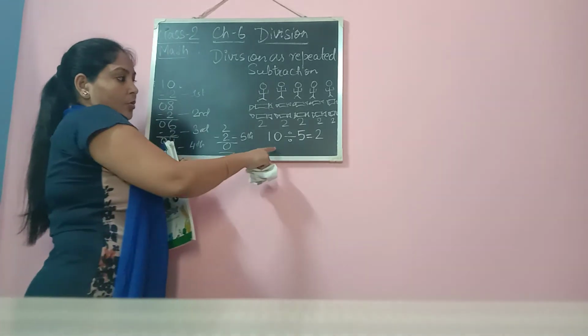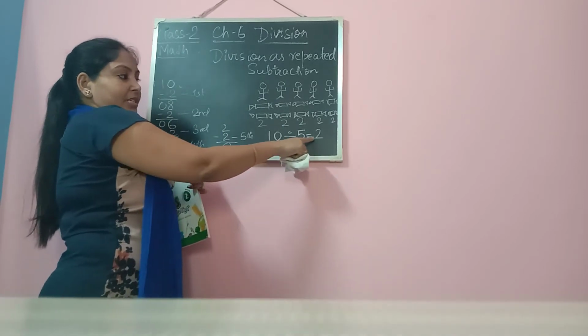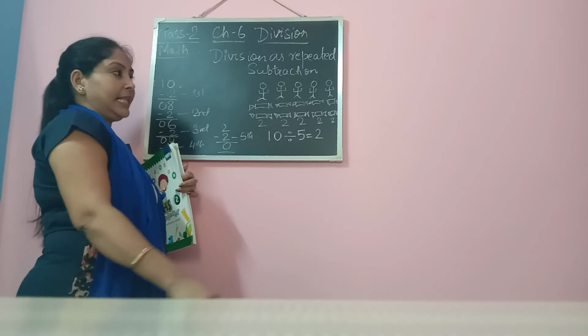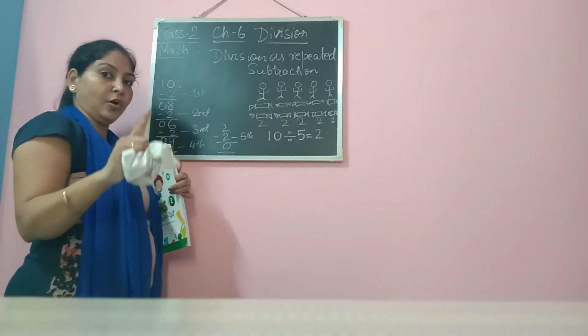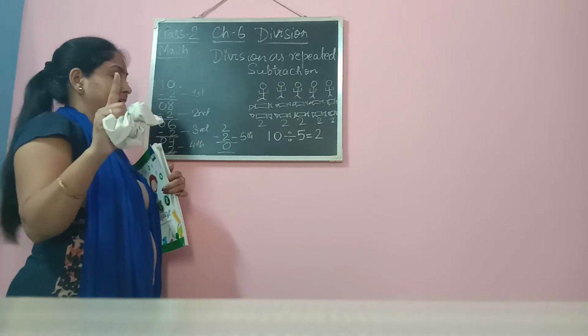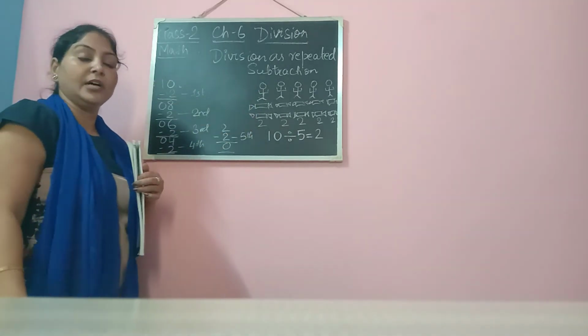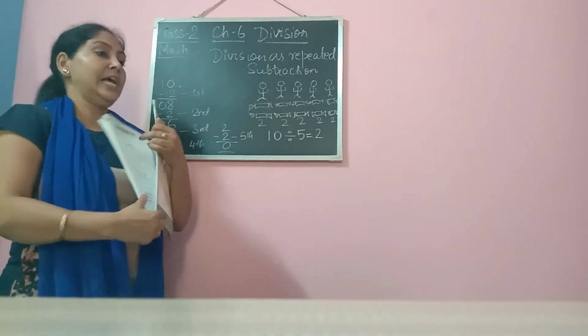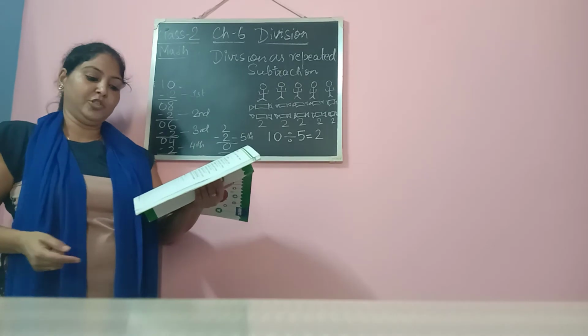This is read in this form: 10 divided by 5 is equal to 2. That means each child will get 2 toffees equally. So this is the whole concept of division as repeated subtraction.